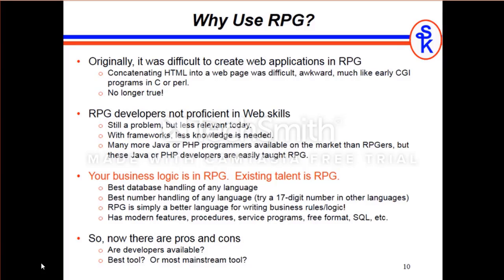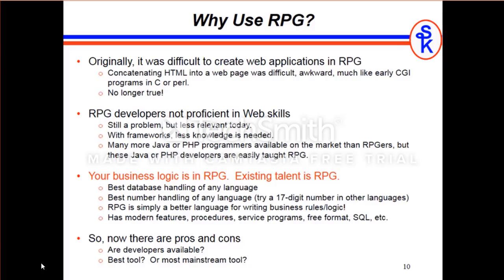But that's not really true today. There's lots of tools out there that let you have something much more like the Java or PHP approach in RPG. In fact, there are smart page softwares, and I've got a slide about that coming up, that are specifically for RPG. Or there's open source, completely free things that you can download that give you a really good way of writing HTML in RPG. So that's not really a problem anymore.